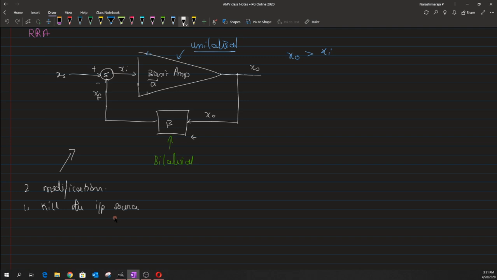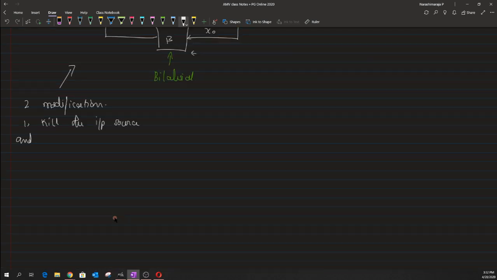In the case of a current source, you can kill it by open circuiting it. If it is a voltage source, you can kill it by short circuiting the source to the ground. The second modification is to break the circuit, which is something we have to work out a bit: break the feedback loop of the circuit.